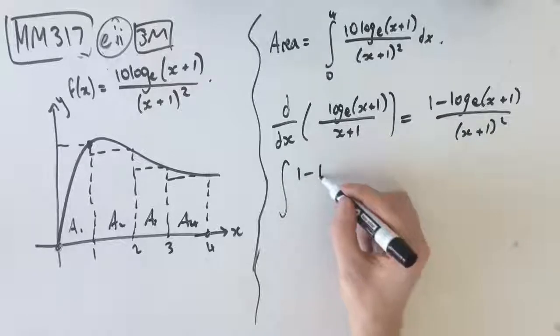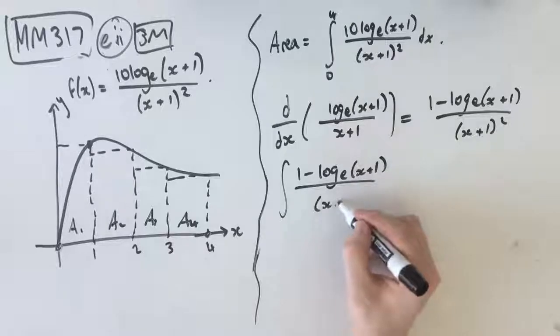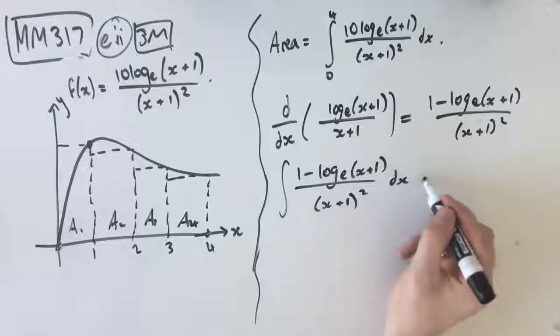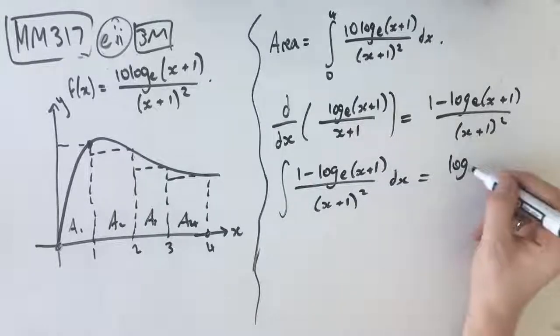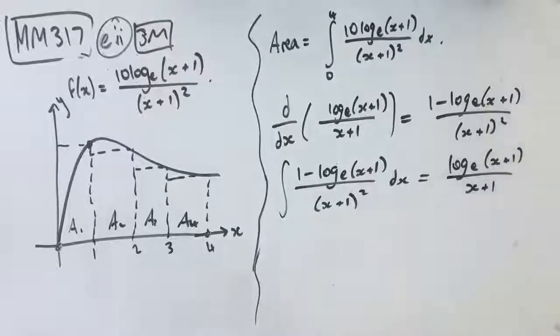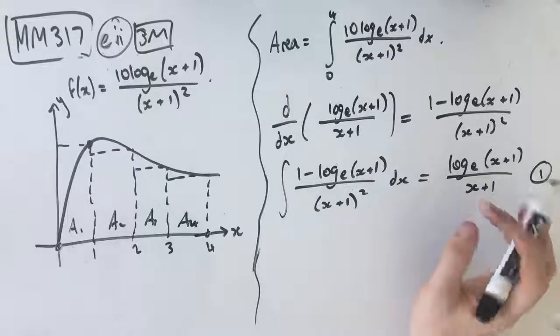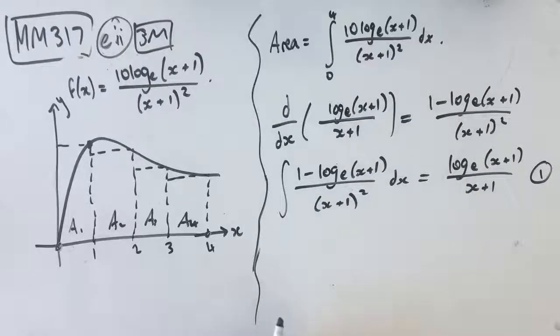So our antiderivative of 1 minus log e of x plus 1 over x plus 1 squared equals log e of x plus 1 over x plus 1. Awesome. This is actually our first mark. Okay, so it's quite generous in that sense, because you just need to recognize that that's what we need to do for this question. Now what we're going to do is separate this into 2 different integrals.